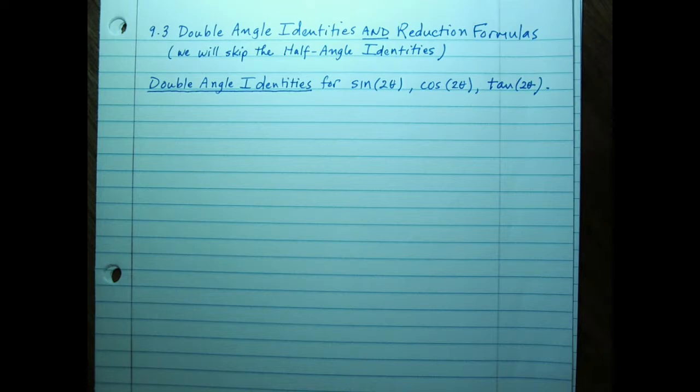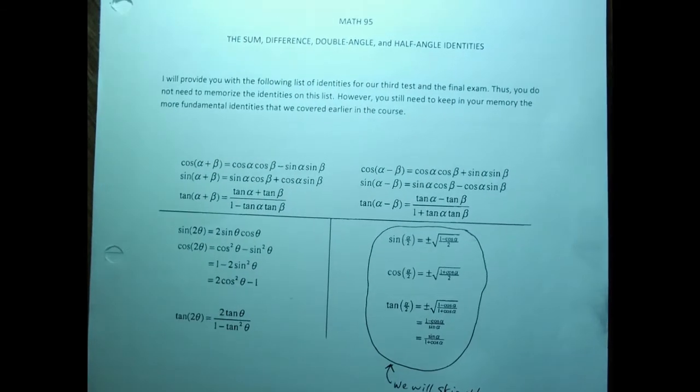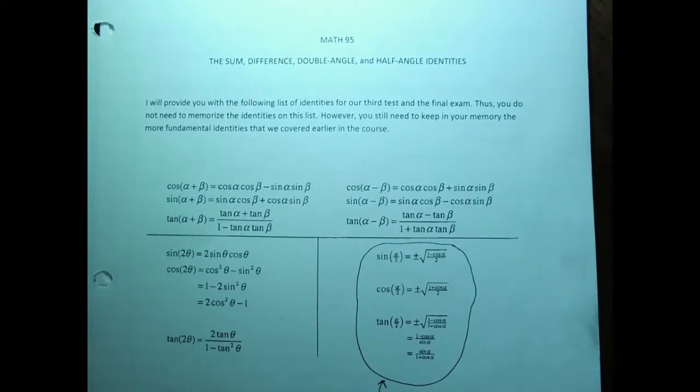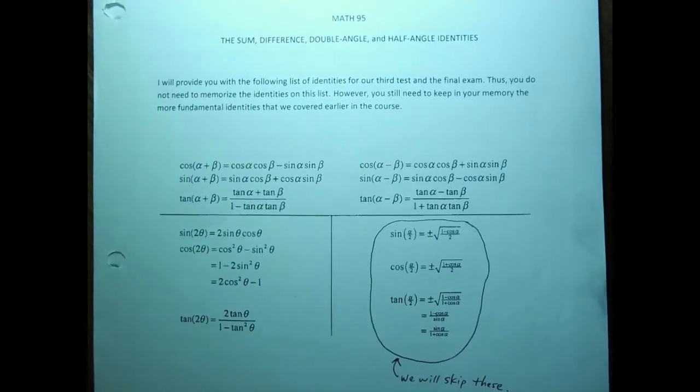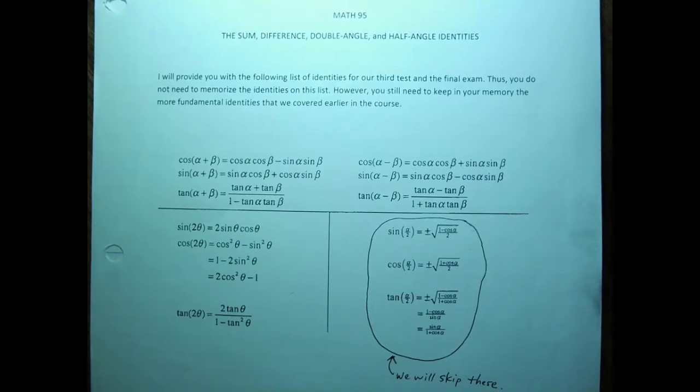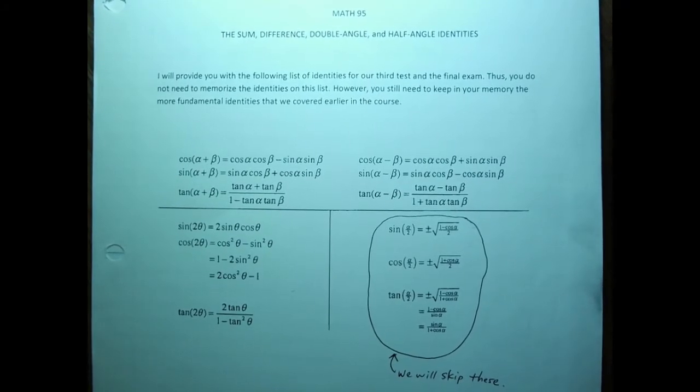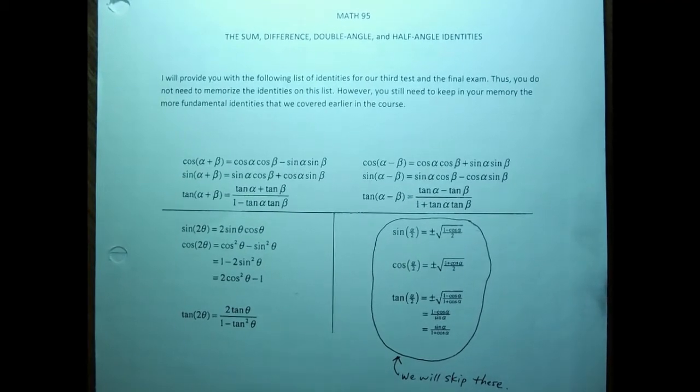Let's start working on section 9.3, double angle identities and reduction formulas. We are going to skip what are called the half angle identities, so we're going to begin by deriving a few more of these trig identities, and I'm going to put on the screen here a sheet that I normally pass out for exams because I won't ask you to memorize all these identities.